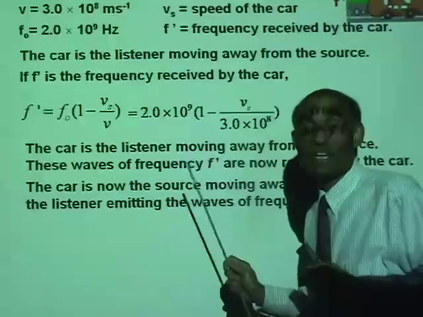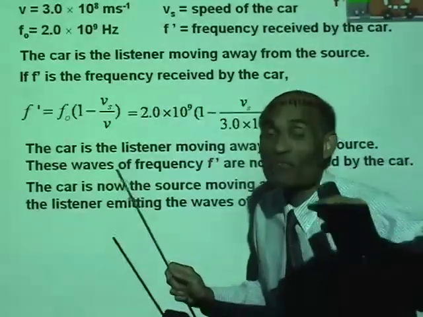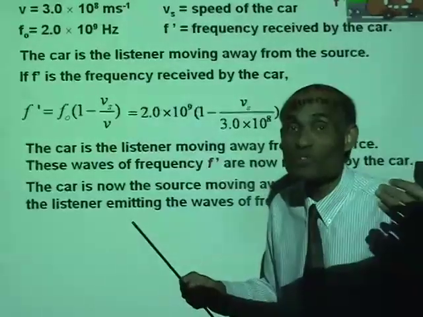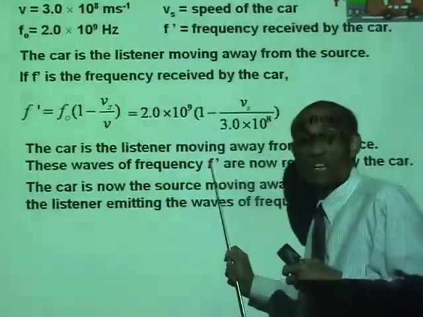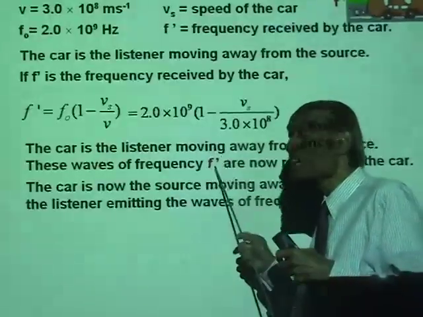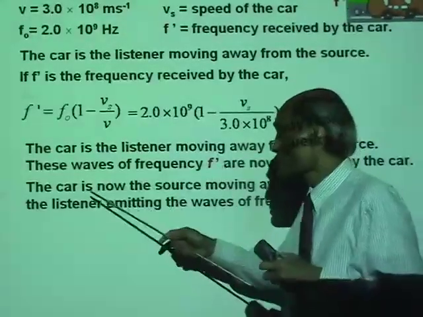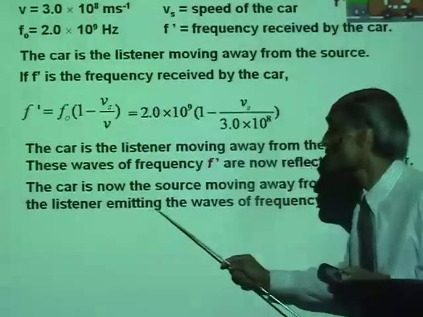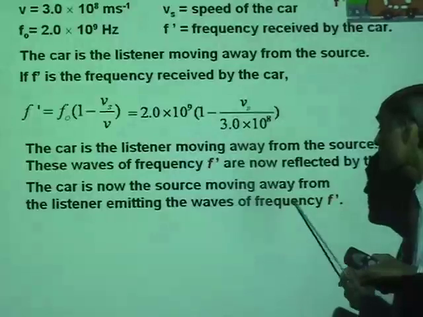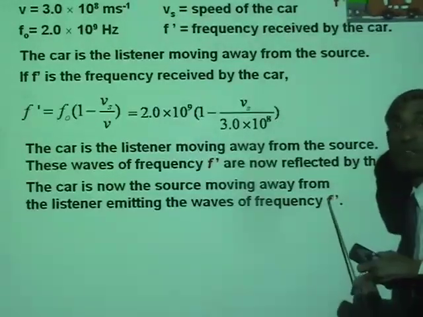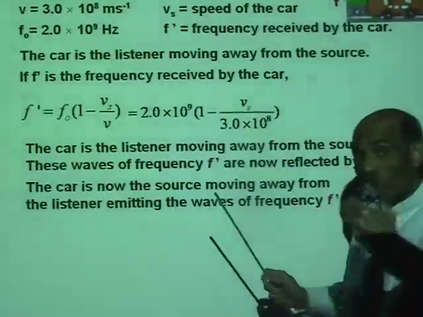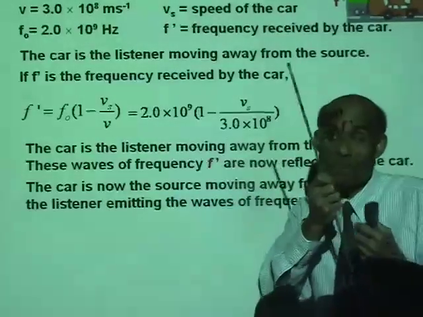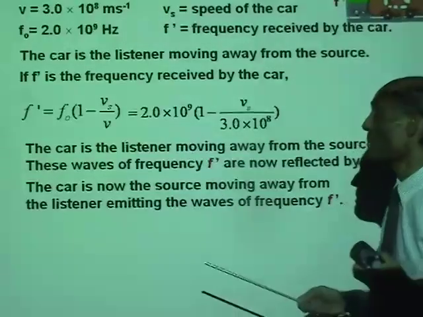In other words, in our original formula, F0 stands for the actual frequency given out by the source. Here, the frequency given out by the source is this F prime. So the car is now the source, moving away from the listener, emitting the waves of frequency F prime, and the radar or the policeman is detecting it back.